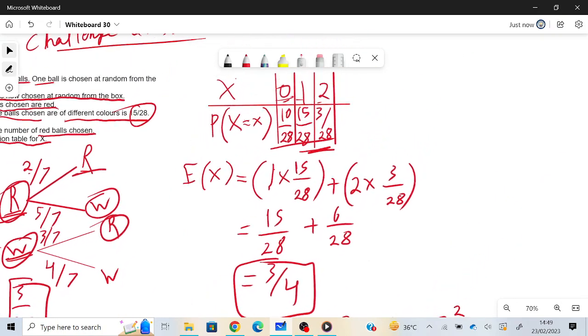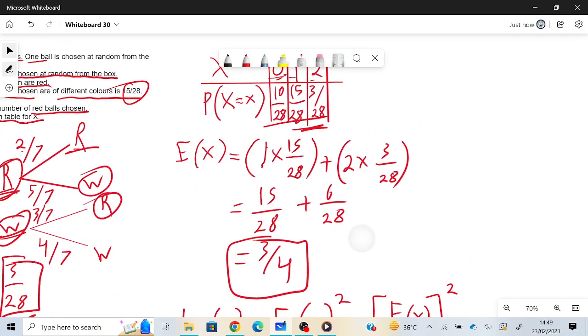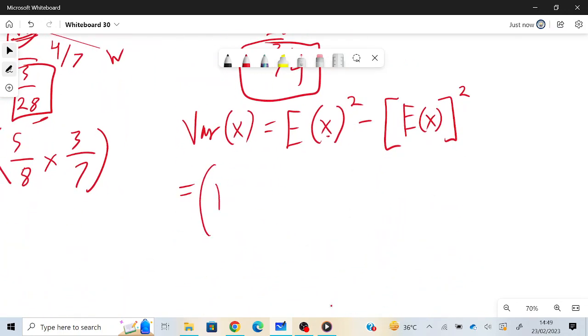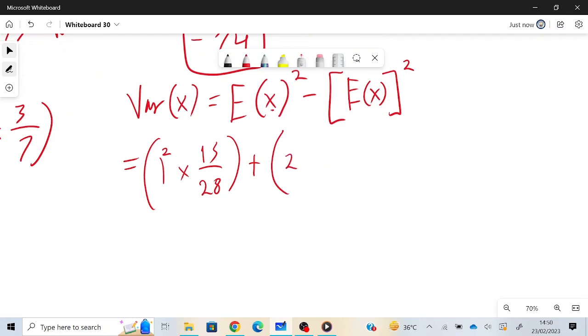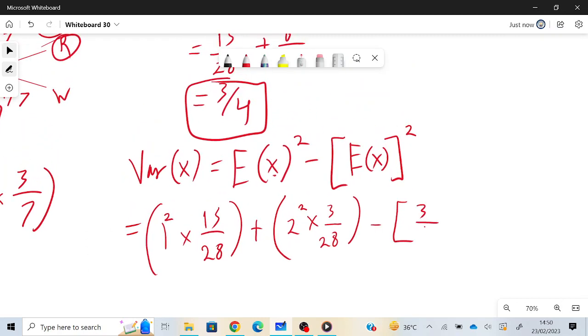That would be 1 squared times 15 over 28 plus 2 squared times 3 over 28, minus the square, not square root, the square of 3 over 4.